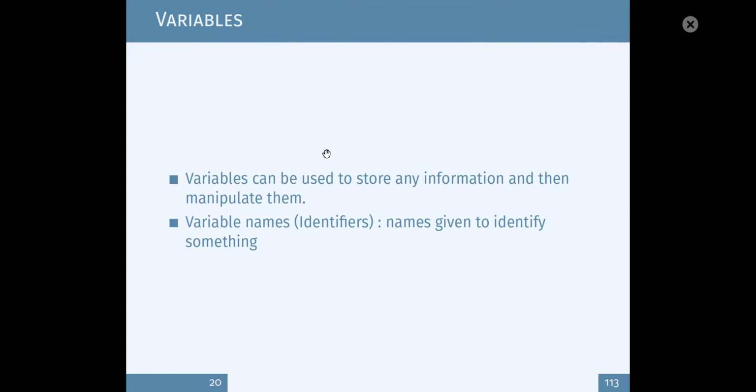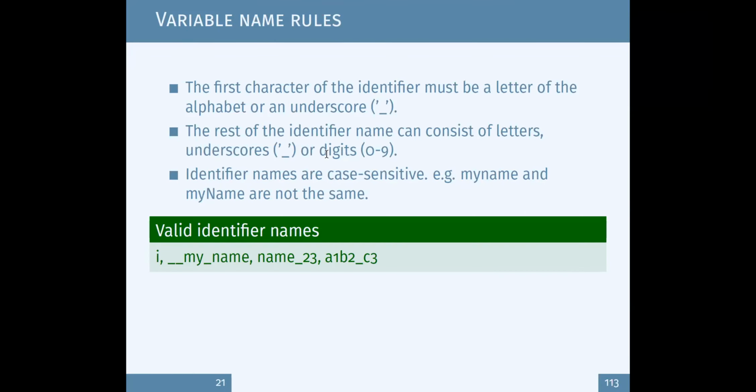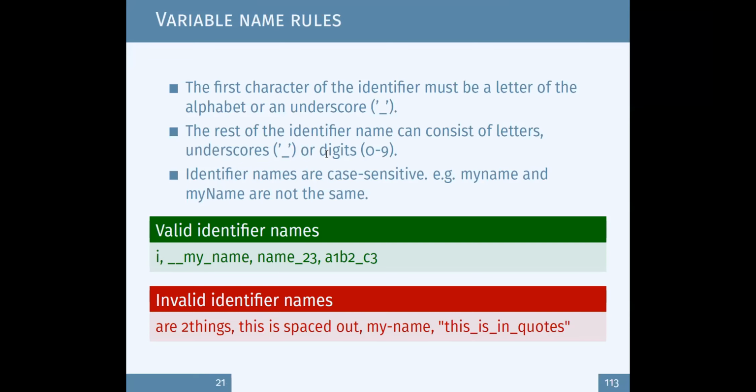Then we discussed variables in Python. Now, when you name variables, you have to follow some rules in Python. The variable name should start with a letter or an underscore.